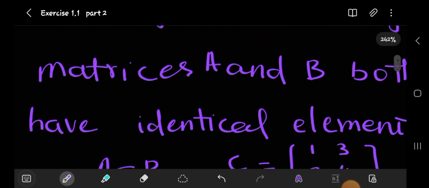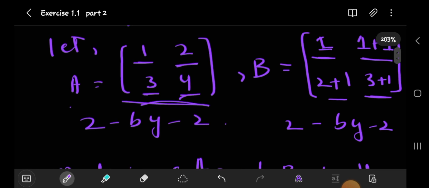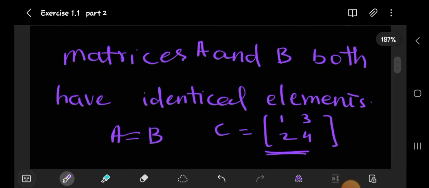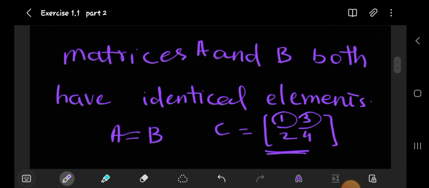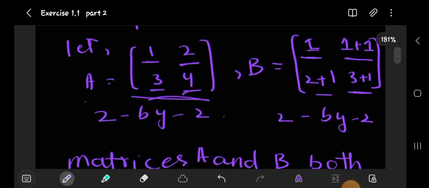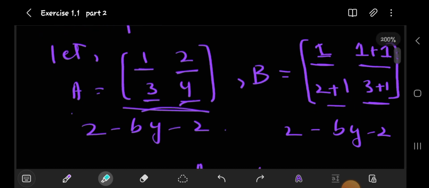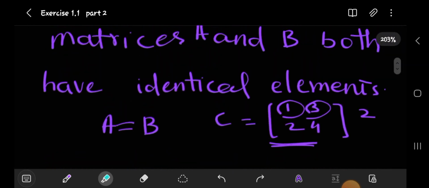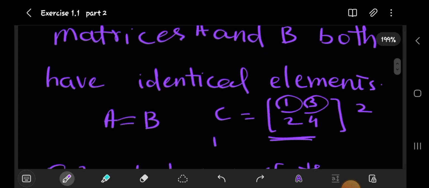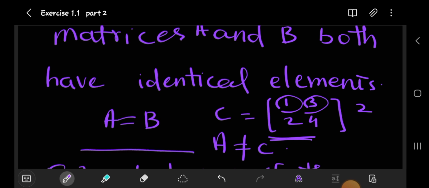Its order is the same as the order of matrix A. But if we talk about the corresponding elements, corresponding to 1 there is also a 1, but corresponding to 3 there is a 2 in matrix A. So we can say that this matrix is not the same as matrix A. The elements of matrix C are not the same as those of matrix A. So we say that matrix A is not equal to matrix C. This is the result. Now we move to the questions.